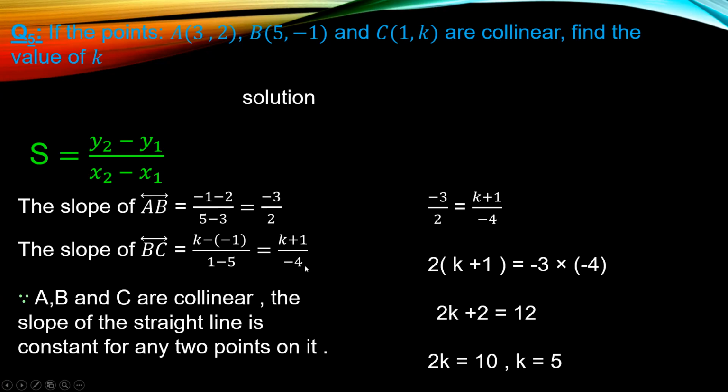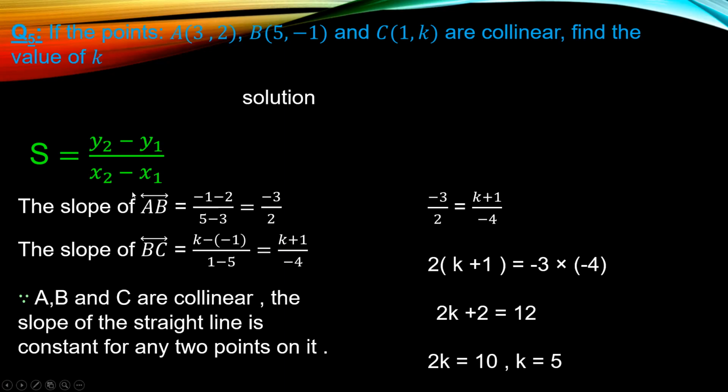This is the slope of the straight line AB. Let's get the slope of BC. It will be k minus -1 over 1 minus 5. Here the negative converts into positive. So it will be k plus 1 over 1 minus 5, which is -4.